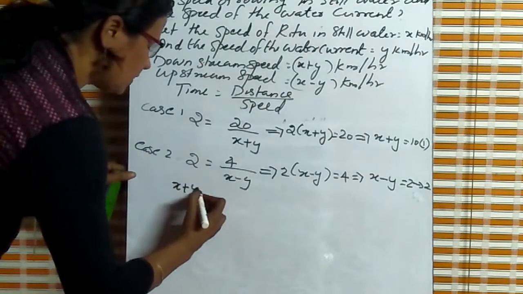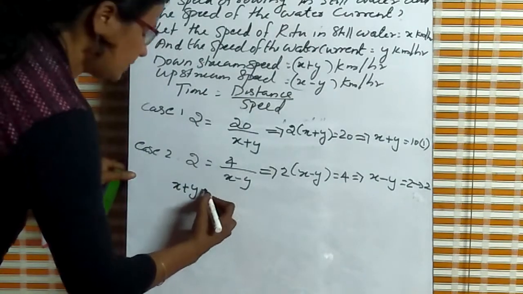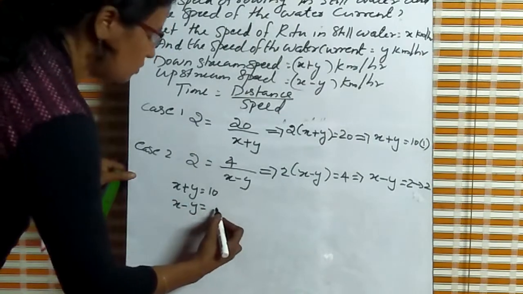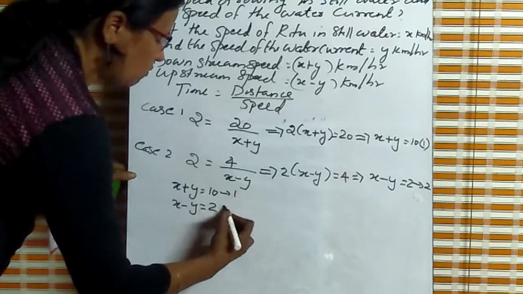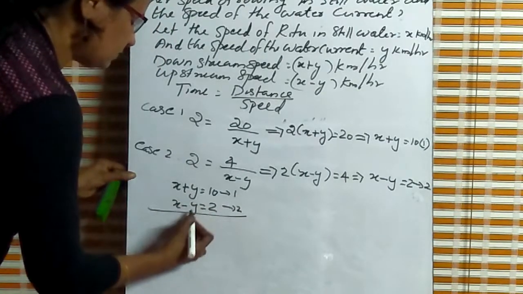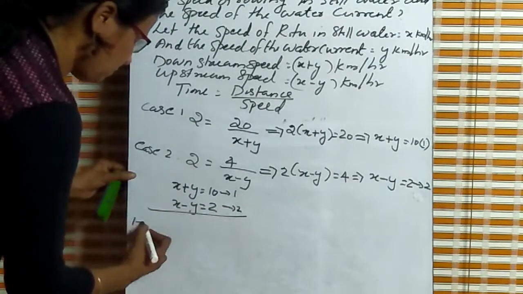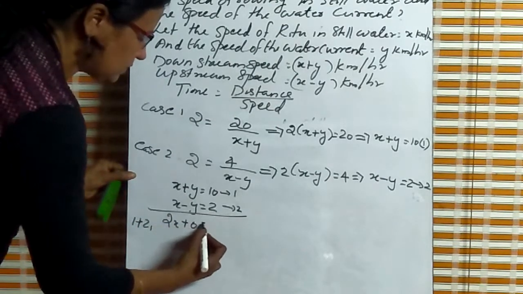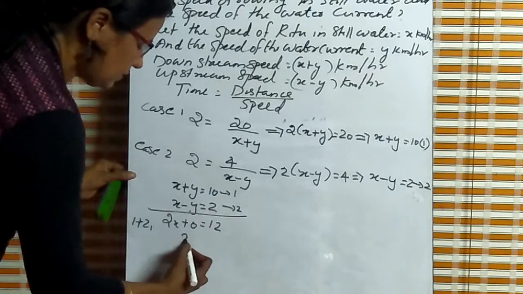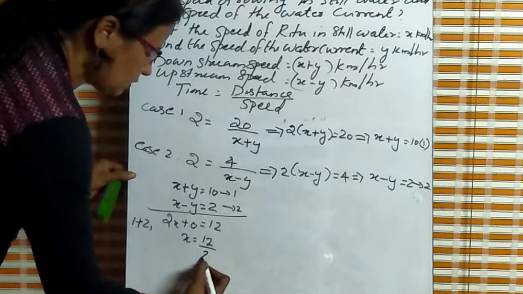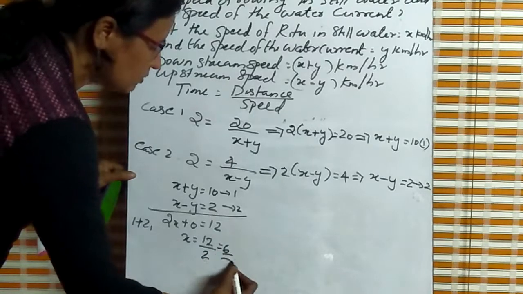Solving 1 and 2: x plus y is equal to 10, x minus y is equal to 2. Adding these two, y minus y is 0. 1 plus 2 gives 2x plus 0 is equal to 12, so 2x is equal to 12. x is equal to 12 by 2 is equal to 6.